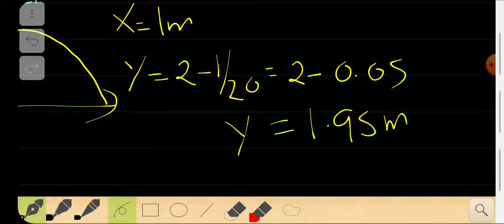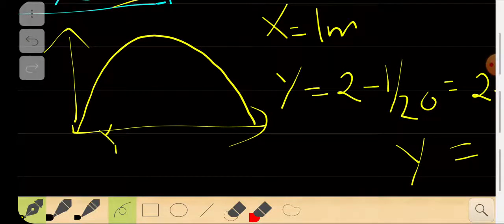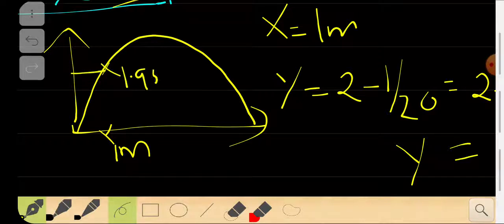So y will be 1.95 meter. When x equals 1 meter, the y value will be equal to 1.95 meter.